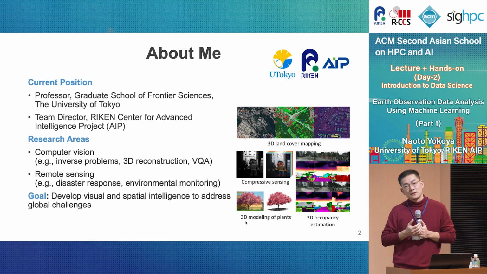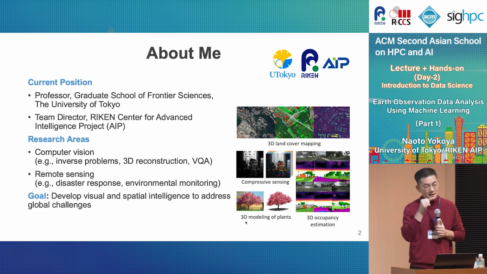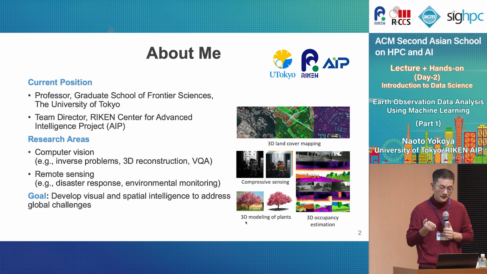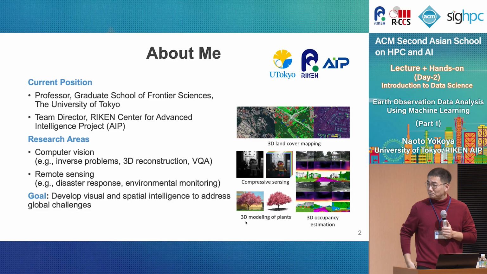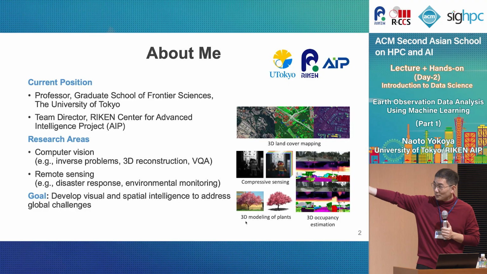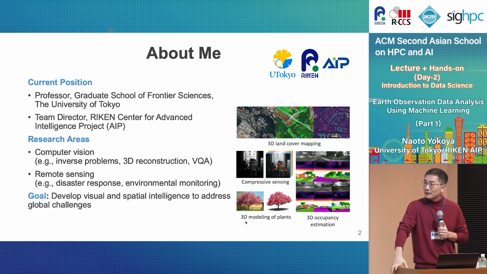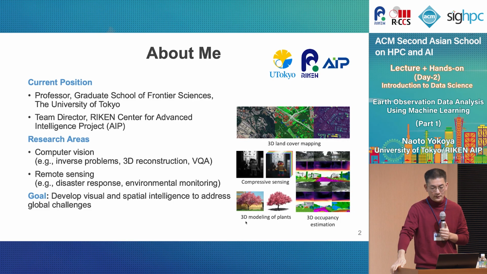Particularly in remote sensing, objects are very small, so classifying or performing regression on every single pixel is very important. But we're also working on some other applications as shown on the bottom right-hand side. We try to develop visual and spatial intelligence, and particularly focus on how to contribute to addressing global challenges.